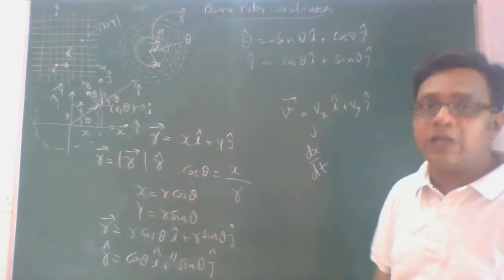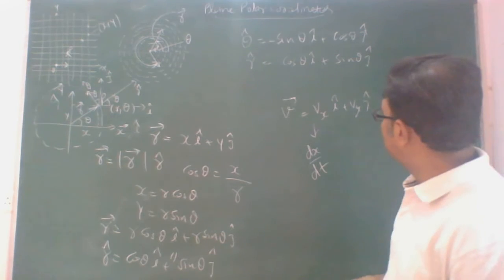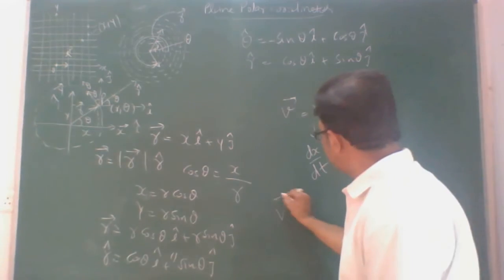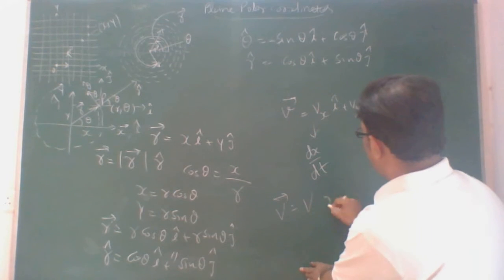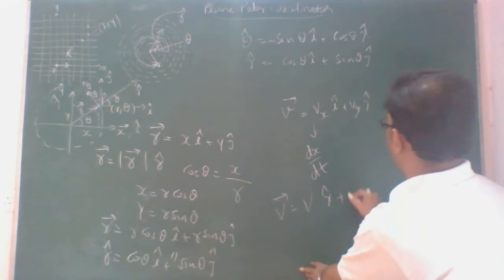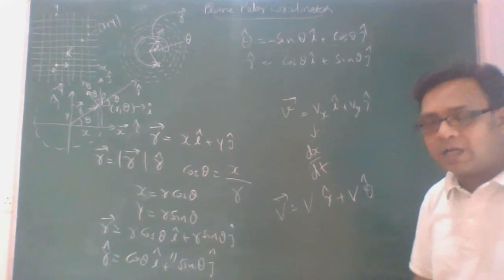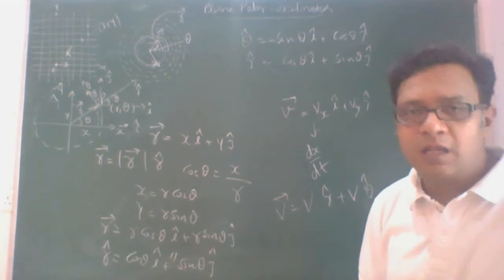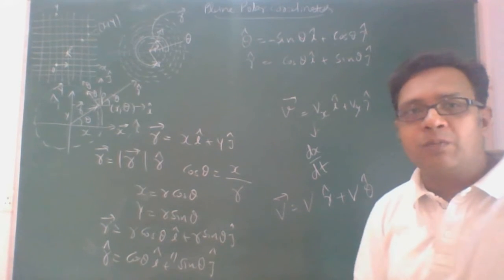Now how do we do it here in terms of this plane polar system? Of course I should have something analogous. I should have something going along r cap, and something again going along theta cap. This is what I expect: if I have a new system, which is this plane polar system, I should again have two velocity components.